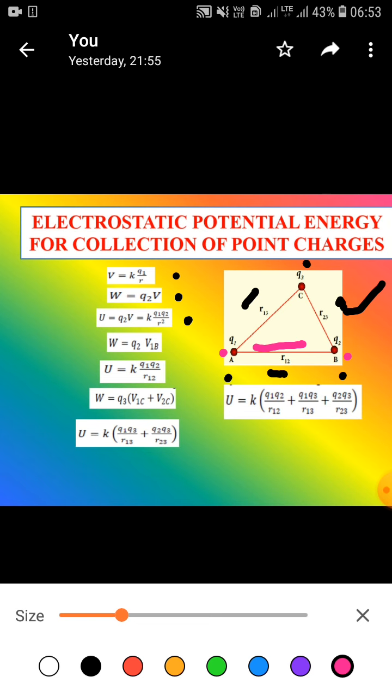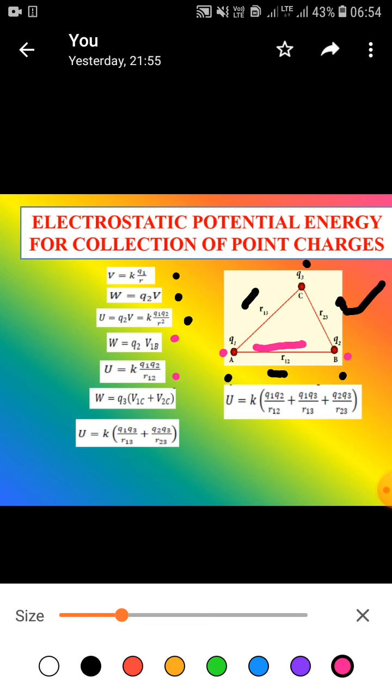The work done on the charge q2 is written as W is equal to q2 V1B. This is otherwise written in electrostatic potential energy form as U is equal to k q1 q2 divided by r12, because of the value of V in equation number 1.